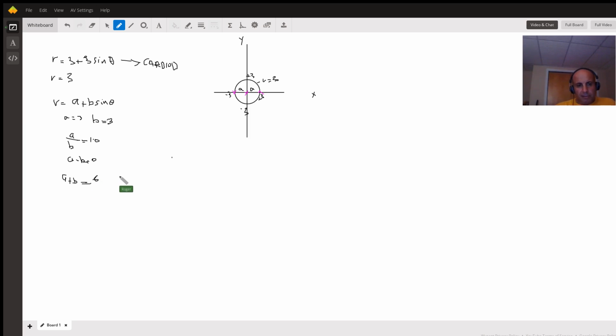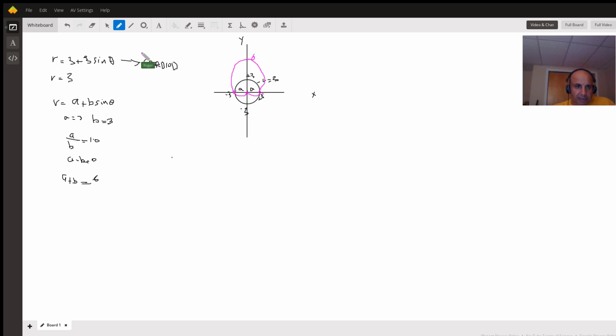So the uppermost part of the cardioid is a point here, which I'm going to call 6. Why is it plus? Because it's a sine theta, which means it's a cardioid that opens upwards. So if we draw this cardioid that opens upward, it will be something like that, and closes in at 6 here.